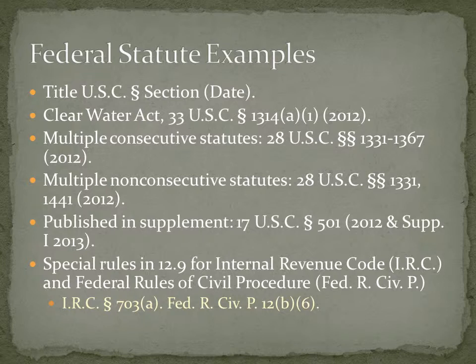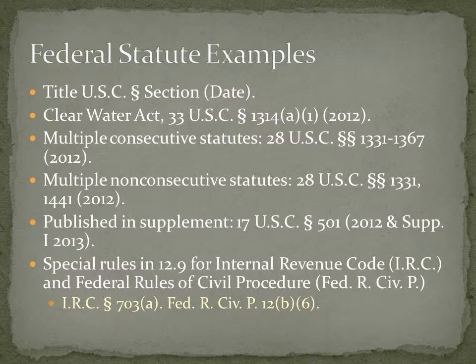So that's what I'm showing you here. This section is in the 2012 code, but then something changed, or the actual law was passed in the 2013 supplement. Since that's the first supplement since the code was published, it's supplement 1.